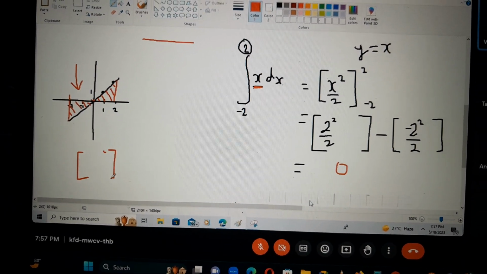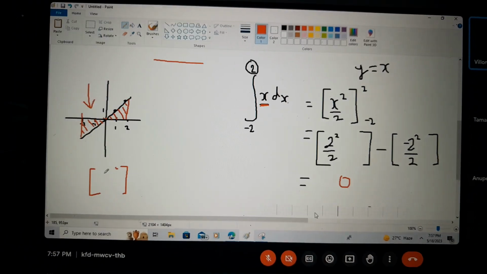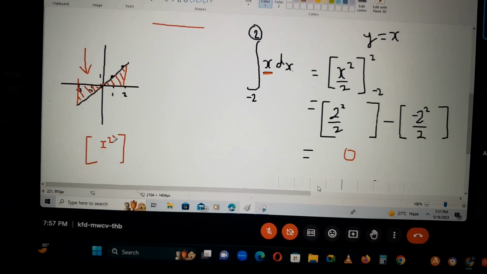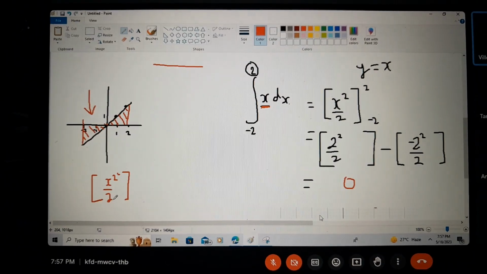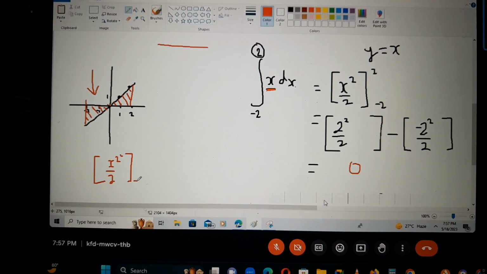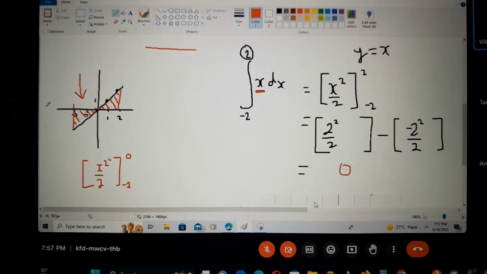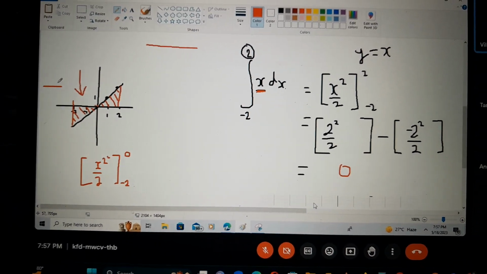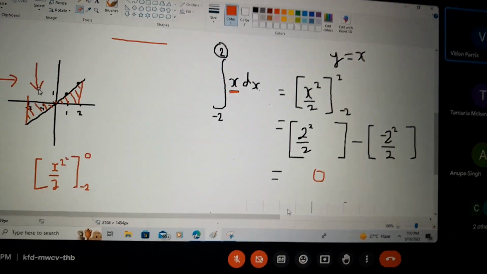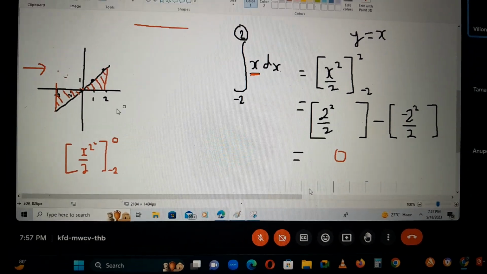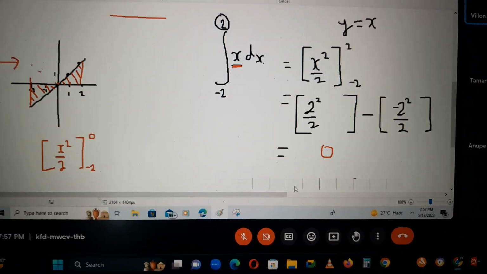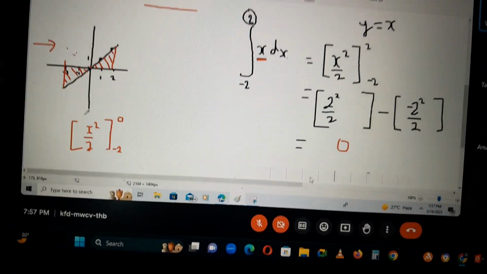So it will be x squared over 2 from negative 2, that's the lower value, and 0 the upper value, because we are coming in this direction. So when we have finished finding that part, we'll get this area here.